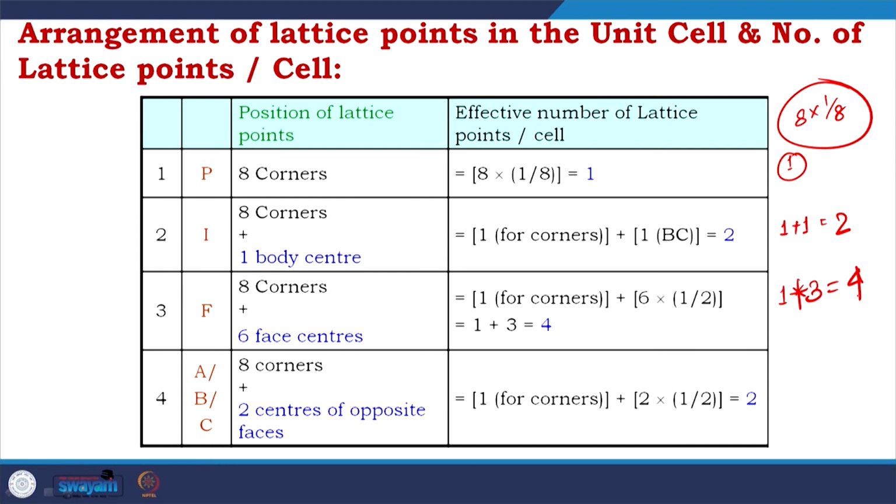So, 1 for the corners everyone has, and then 2 into half because it is either A or B or C. Sorry, 1 plus 2 into half, because you have the centers of opposite faces. So, the contribution is half, so 2.